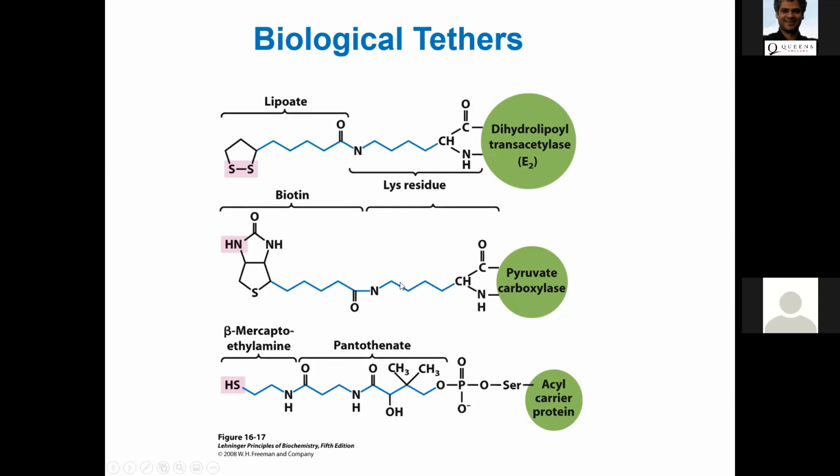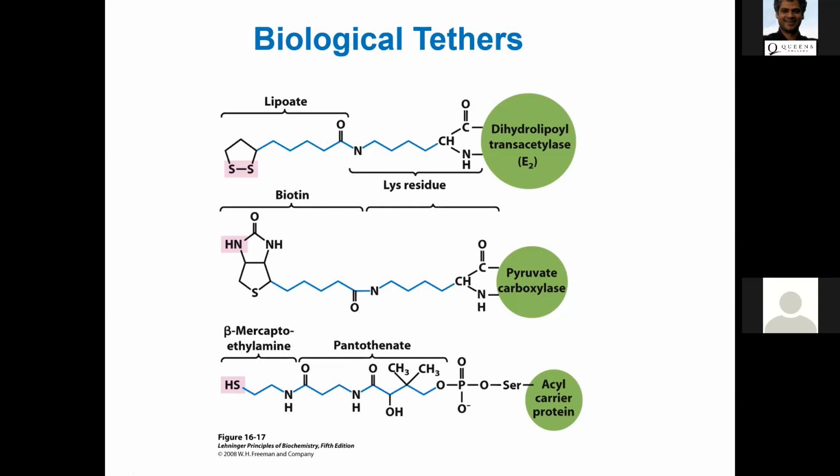And this allows these enzymes to actually shuttle the product of one reaction from one enzyme active site to the other enzyme active site. Okay, so that's why they call it a tether, right? They're moving different groups from one active site to the other, and the flexibility therefore is important.